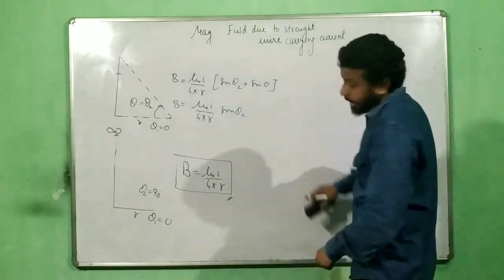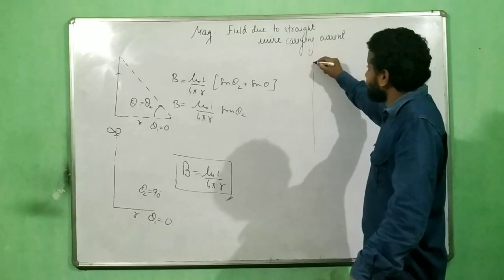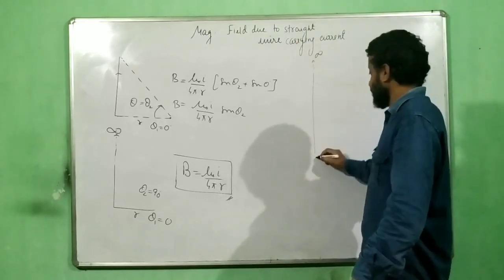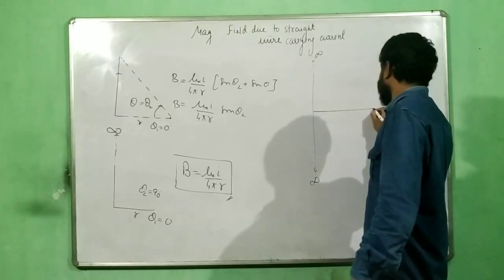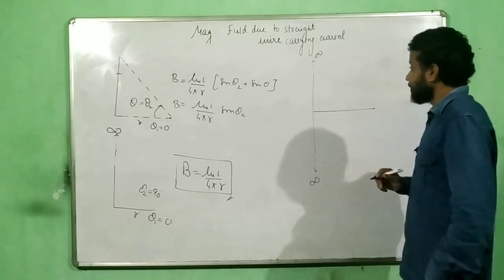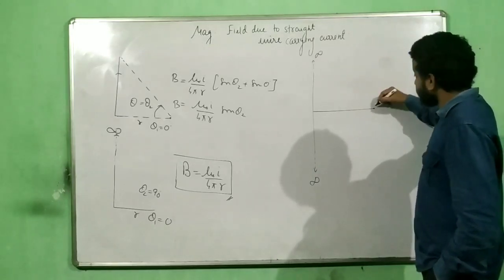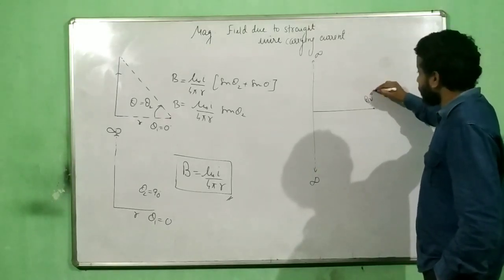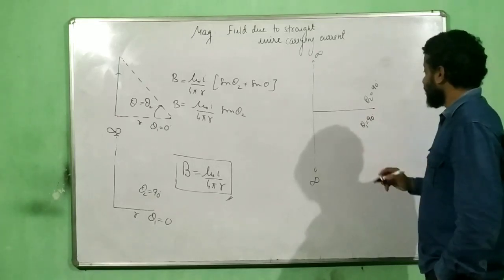What about an infinite wire? For an infinite wire, suppose this goes to infinity and this also goes to infinity, and here I want to find the field. So both ends go to infinity, that means your theta 2 has also become 90 degree and theta 1 has also become 90 degree.